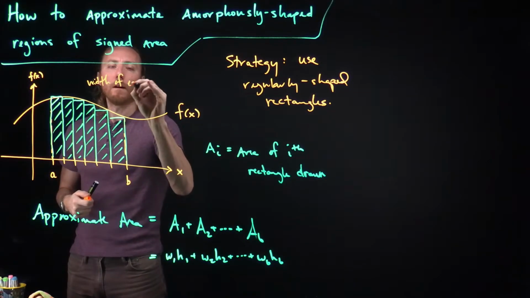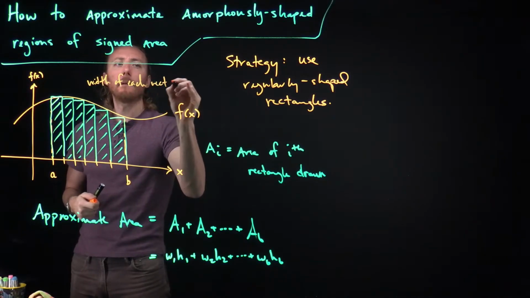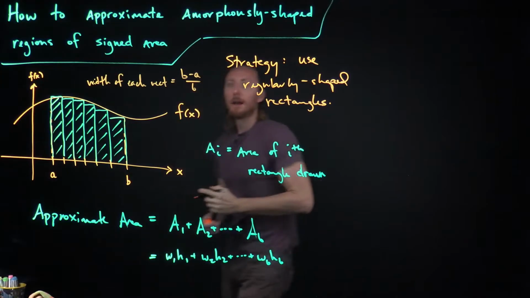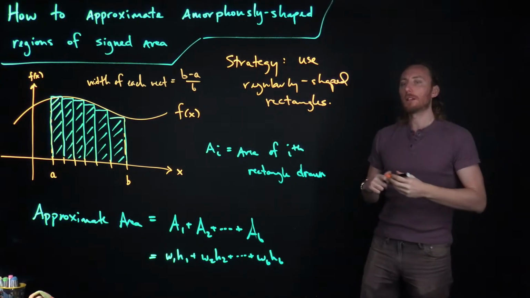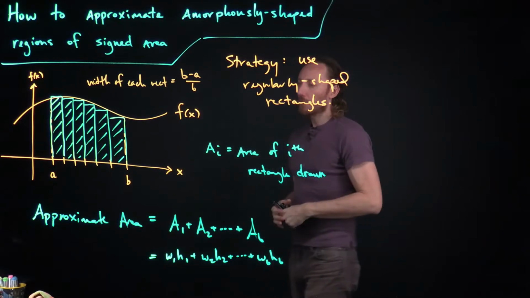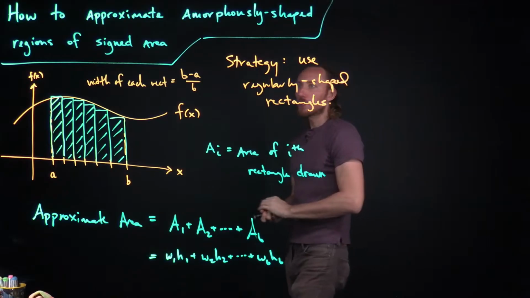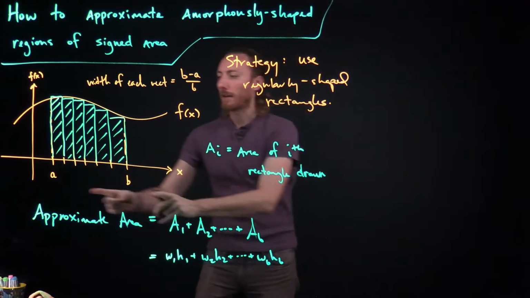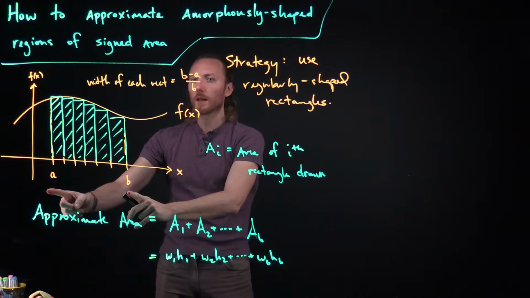The width of each rectangle, in this case, is just (b minus a) divided by 6. And in general, the width of each rectangle after partitioning your interval from a to b would be (b minus a) divided by however many rectangles you have, right? Because b minus a is the total width of the interval.